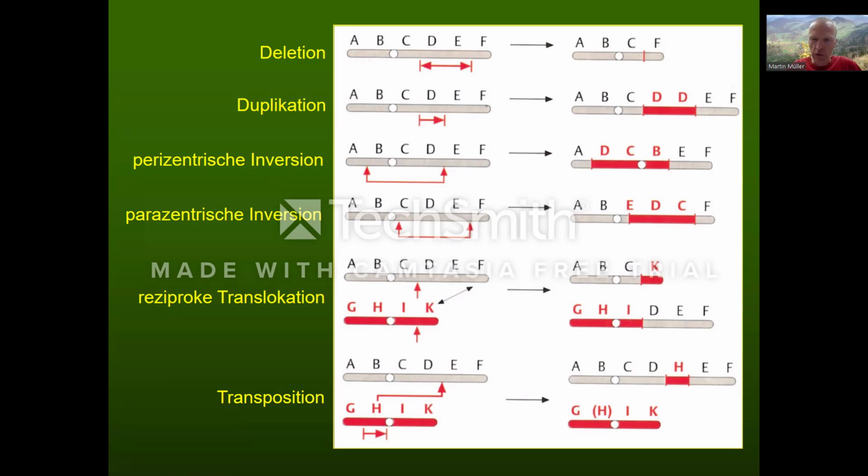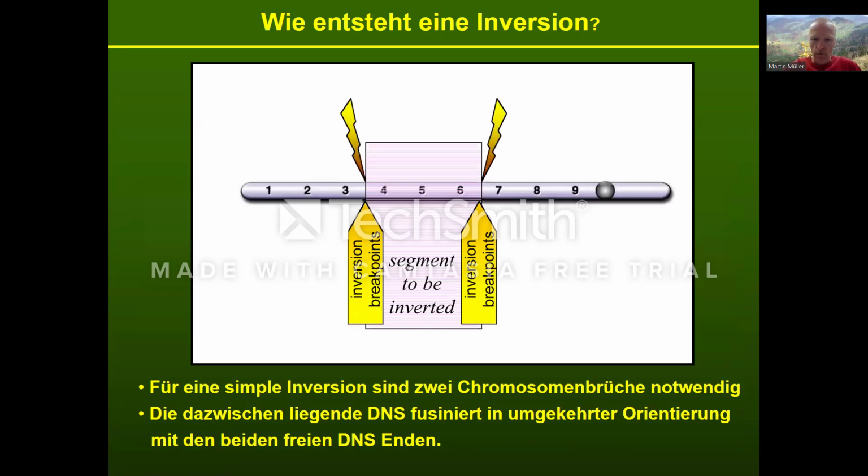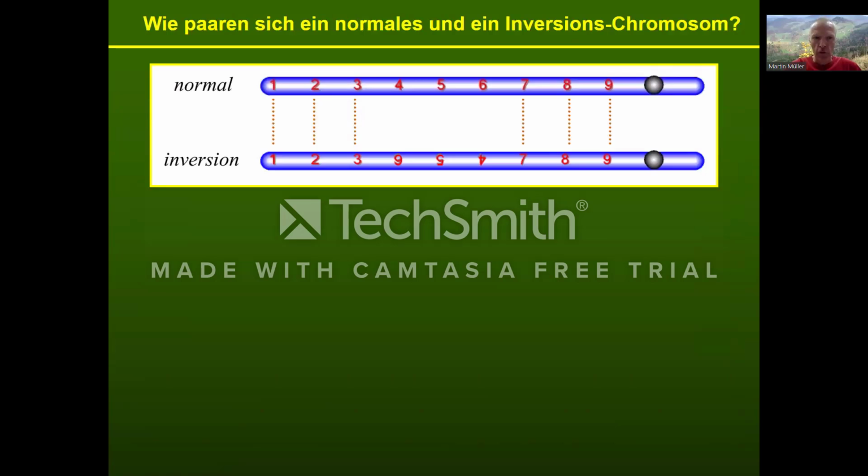For the moment, we will concentrate on the inversions. As I said, if you make an inversion, you have two breaks here, and the DNA in between is flipped around, and you have the normal chromosome, 1, 2, 3, 4, 5, 6, 7, 8, 9, and the inverted chromosome, 1, 2, 3, 6, 5, 4, 7, 8, 9.